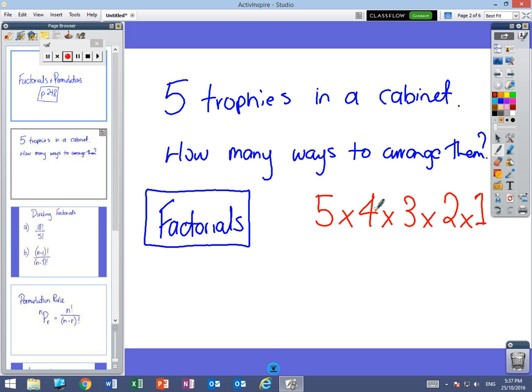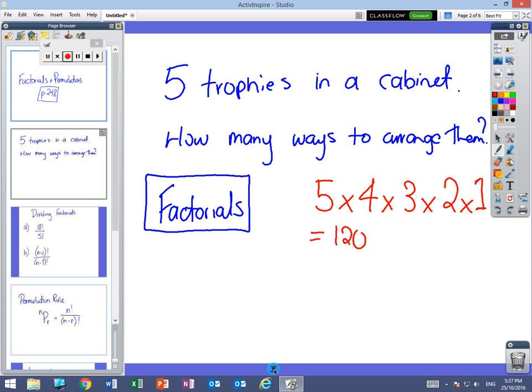If I go right through this, this would equal 120. Now, whenever we have this sequence of starting with a number at the top and then reducing as we go down, 5 to 4, 4 to 3, 3 to 2, we can represent that like this.